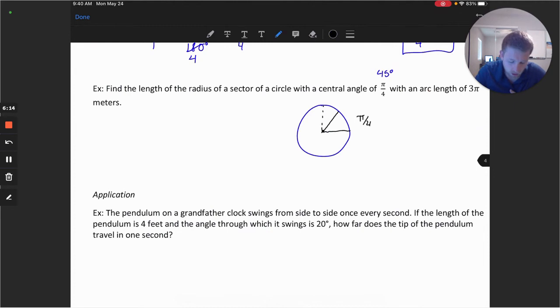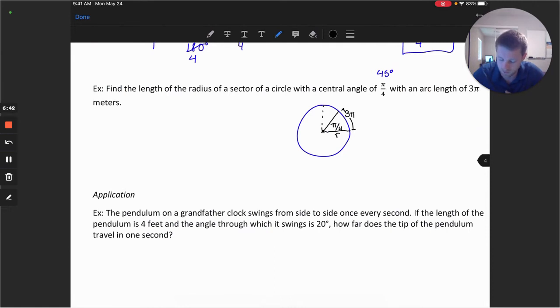And we know that the arc length here that's trapped here is 3 pi units from end to end. There we go. And we'd like to find that radius value r. So let's set up our equation to solve that.